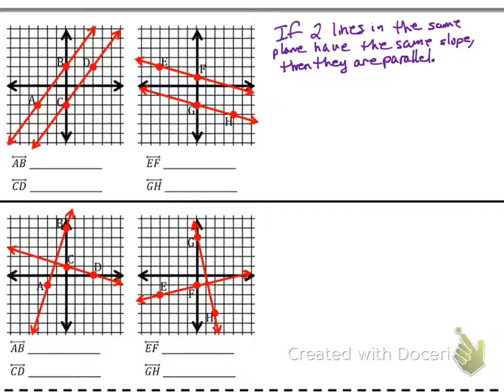Then we also have that the converse of that would also be true. If two lines in the same plane are parallel, then they have the same slope.